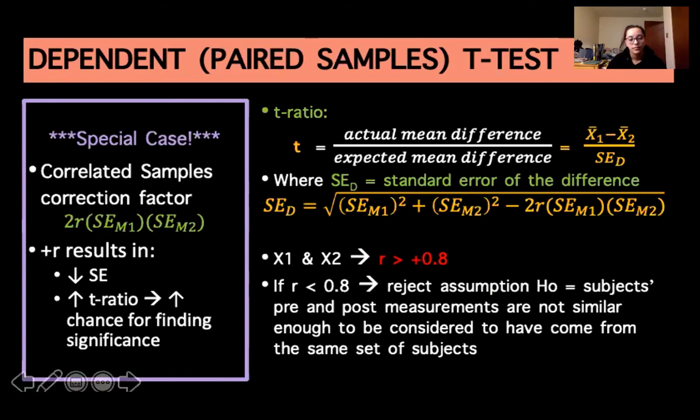So R, in this case, for paired samples is very similar to the homogeneity of variance assumption. We just don't have a special test for it. We just say, is R greater than or equal to 0.8, or positive 0.8 specifically? And if yes, then we've met that assumption and we can move on.